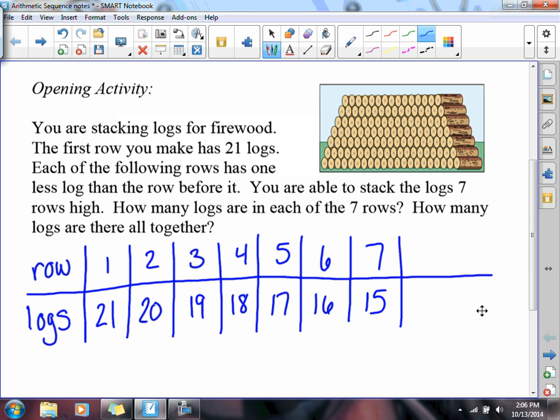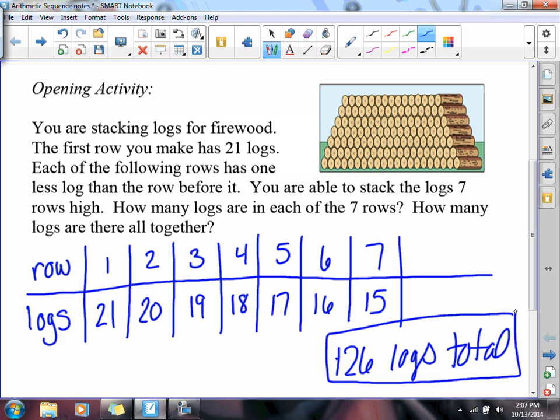So now I know how many logs are in each of the 7 rows. That was one question I had to answer. And now to find how many logs there are altogether, I'd have to add 21 and 20 and 19, 18, 17, 16, and 15. So when I do that, I'll get a total of 126 logs. So that's how many logs are in that big stack of firewood in that picture.